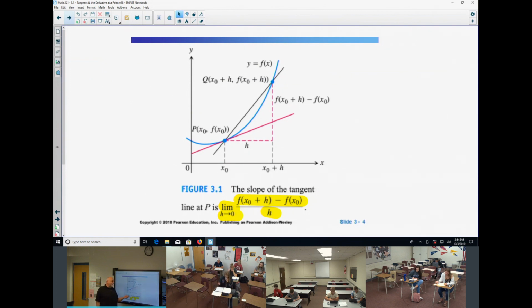That's just saying a specific point. So this is the slope of the tangent. The slope of the curve is defined as that limit.